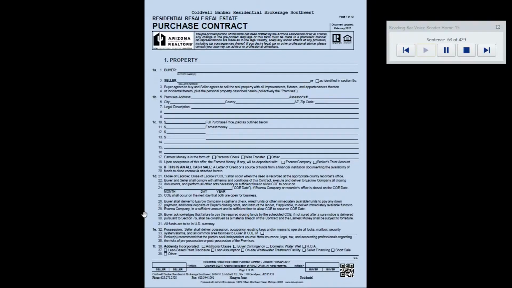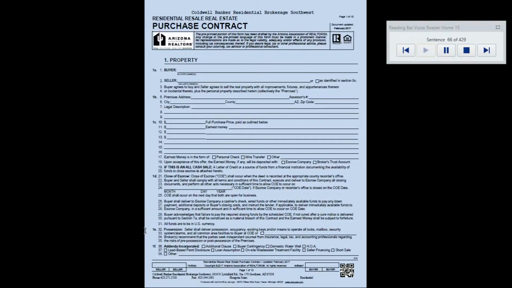date. Buyer acknowledges that failure to pay the required closing funds by the scheduled COE, if not cured after a cure notice is delivered pursuant to Section 7A, shall be construed as a material breach of this contract and the earnest money shall be subject to forfeiture. All funds are to be in U.S. currency. 1E. Possession.